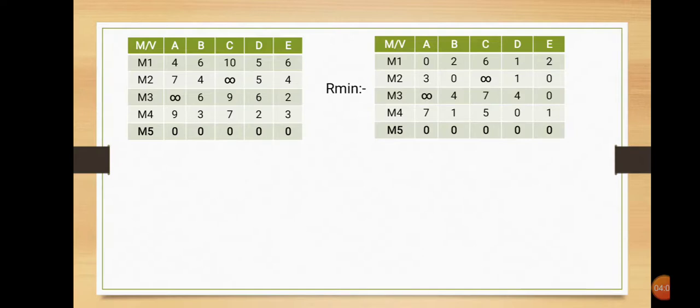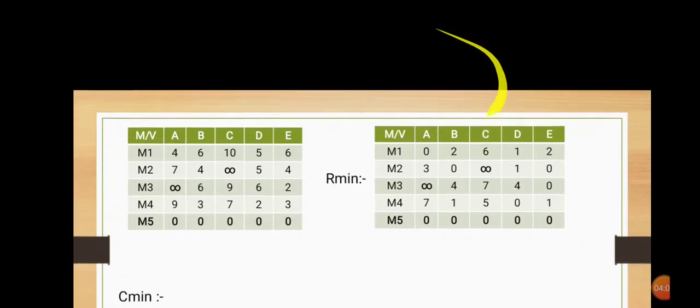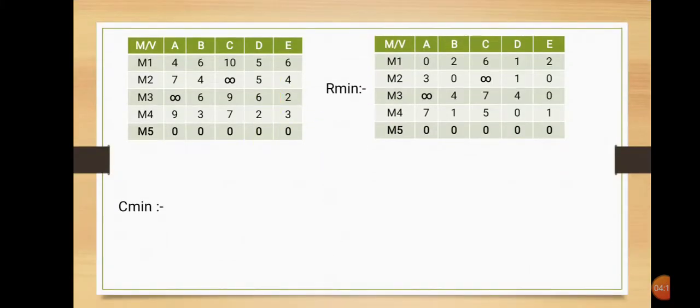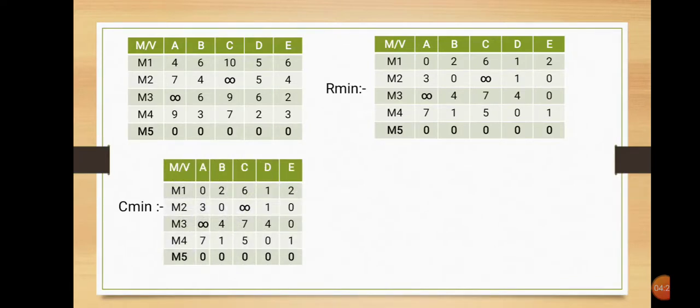Then for the column minimum, the table is the same because every column contains 0. That means the minimum value is 0. 0 minus anything is anything. That's why we do not do any calculation. Carry this table as it is.